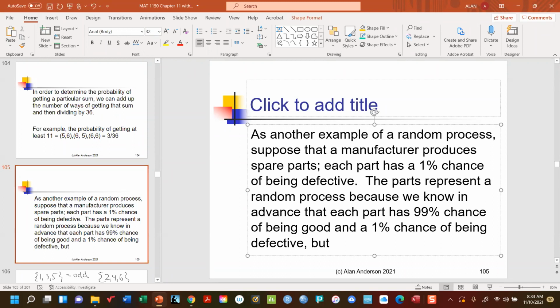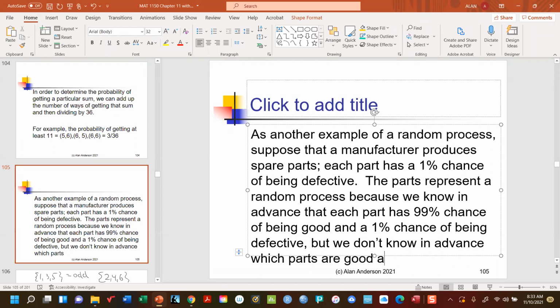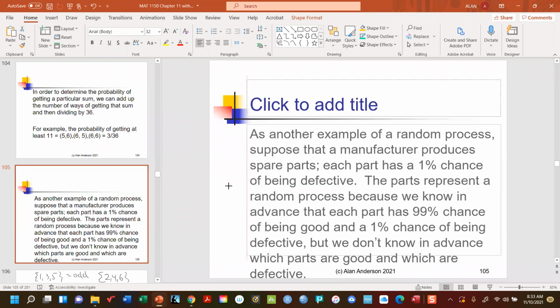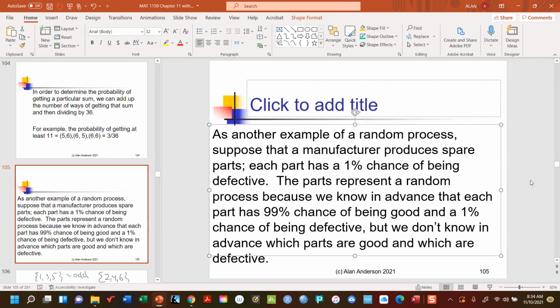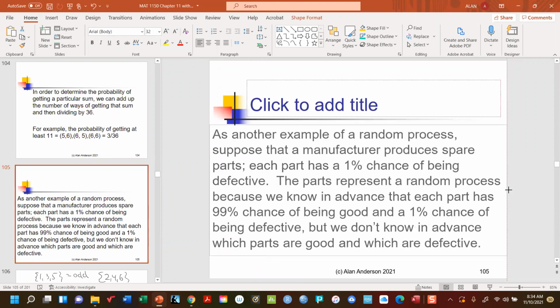But we don't know in advance which parts are good and which are defective. All right, so it's a random process. We just watch the parts coming off the assembly line, knowing the probabilities that they are defective or not defective.